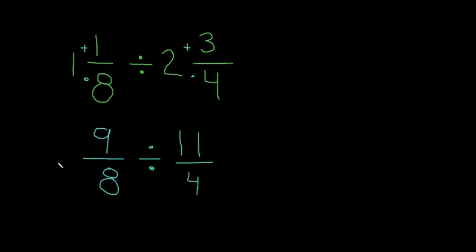I'm running out of room, but we're going to keep, change, flip. So we have 9/8 times, we've changed it to multiplication, and we're going to flip this. Instead of 11 over 4, it's going to be 4 over 11.